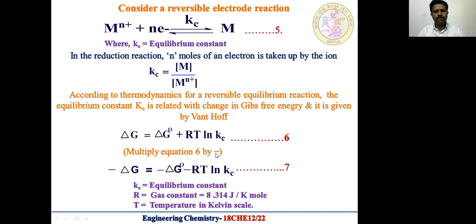If we multiply equation 6 by a negative sign, it can be written as minus delta G is equal to minus delta G naught minus RT ln Kc, where Kc is the equilibrium constant, R is the universal gas constant with value 8.314 joules per Kelvin per mole, and T is the temperature in Kelvin.